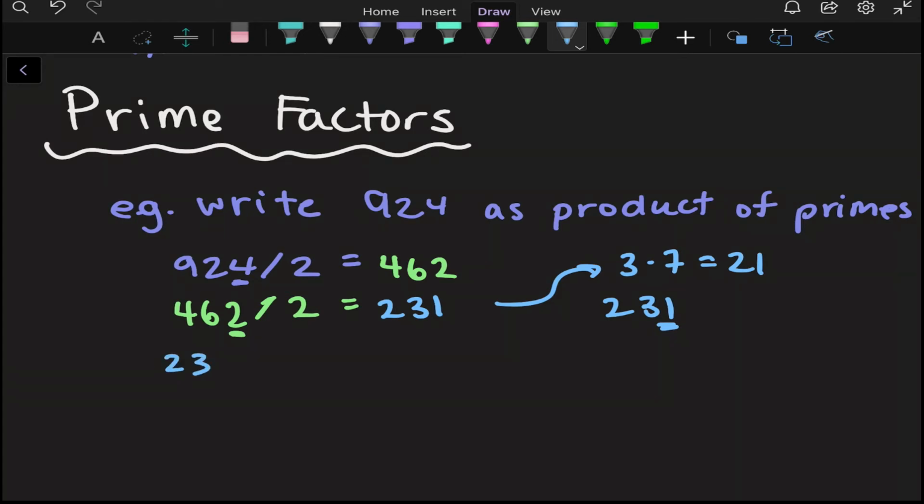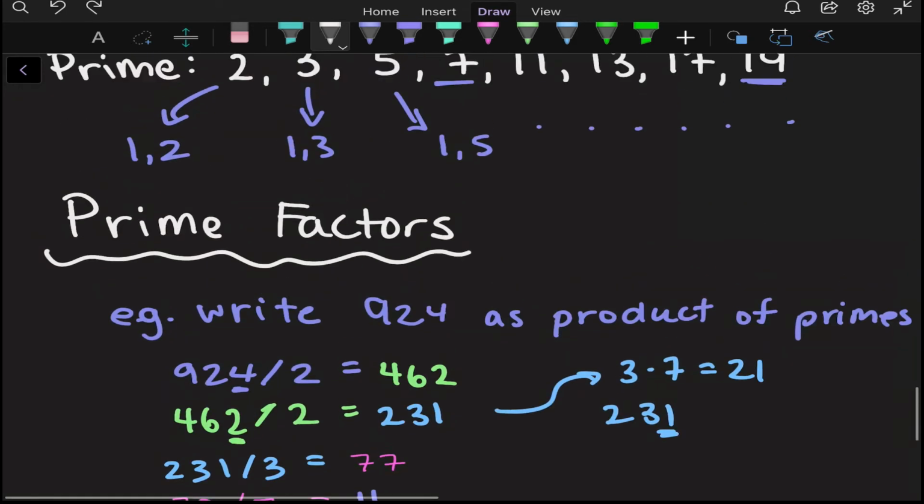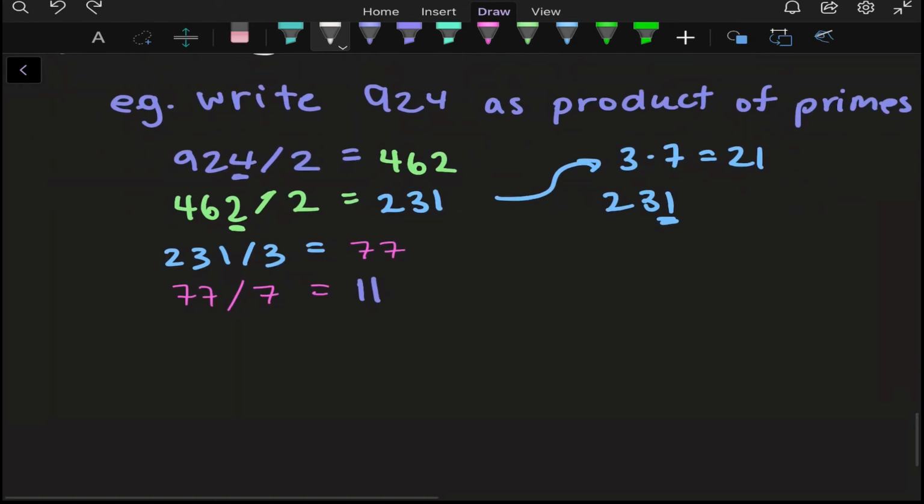So we have 231 divided by 3 is equal to 77, and then we can take 77 and divide it by 7, which gives us 11. And this is a prime number, right? If we go back up here, we can notice 11's a prime number. So that means we can stop here as we ended on a prime number.